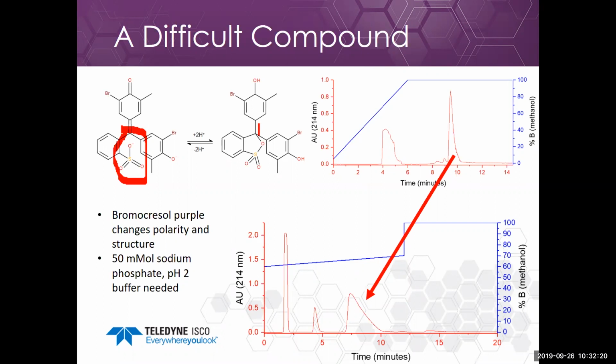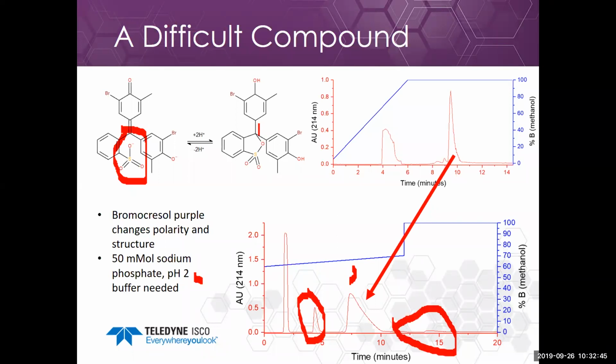We still had bad peak shape. It would not run on the gradient, so we needed 50 millimolar sodium phosphate buffered to pH 2 to run it. While the peak shape is not beautiful, at least it's coming out in the focus gradient, and we are resolving the compound from the impurities over here. And this is a real customer example.